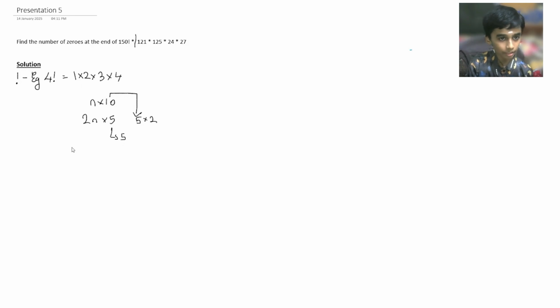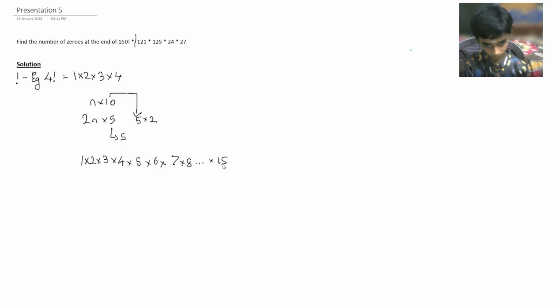So, let me write the numbers of 150 factorial. 1 times 2 times 3 times 4 times 5 times 6 times 7 times 8, all the way till 150. So, 2 is 2 to the power 1, 4 is 2 to the power 2, 6 is 2 to the power 1 times 3, and 8 is 2 to the power 3.